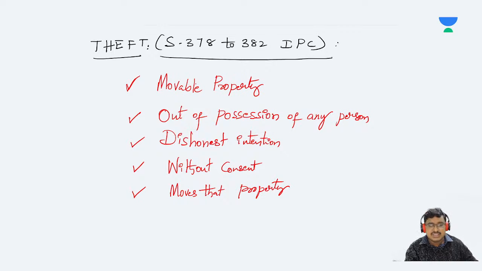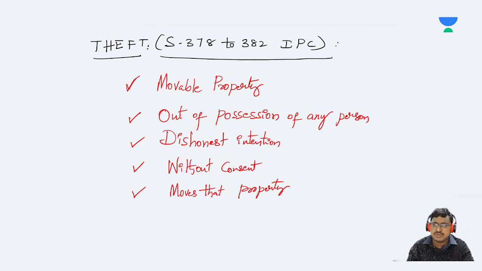Friends, theft is an offense against movable property only, not against immovable property. Movable property is a property which can be moved from one place to another place without any serious human effort. Immovable property cannot be moved from one place to another.